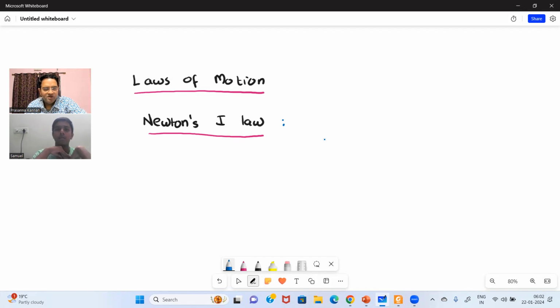See here, a body continues to remain at rest if it was originally at rest. If it was in uniform motion, what do you mean by uniform motion?